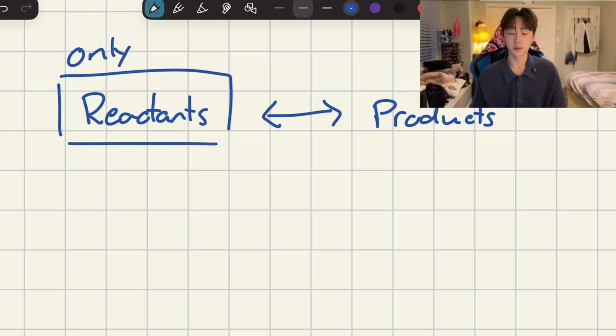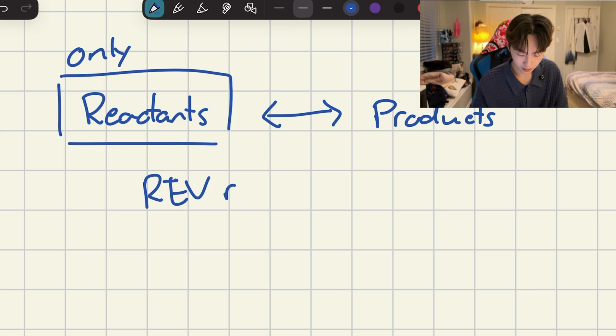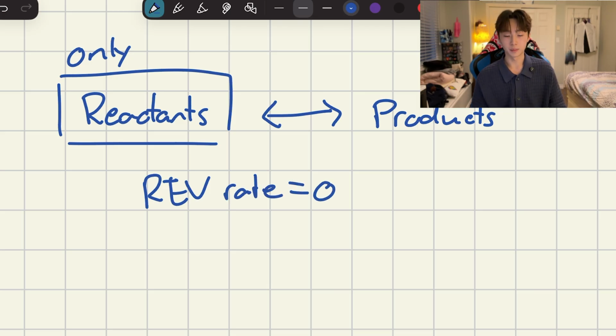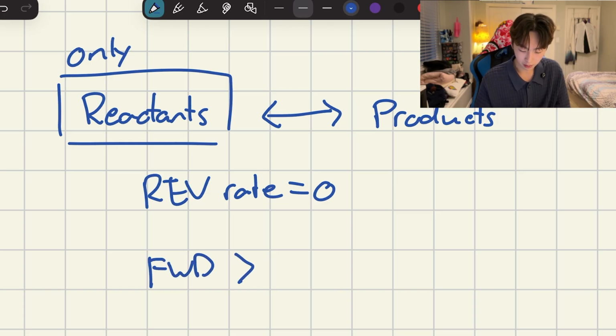So the rate that the products turn back into the reactants is 0. So I could say the reverse rate is equal to 0. But because I know the reactants will turn into products, my forward rate would exist. So my forward rate is going to be greater than my reverse rate.